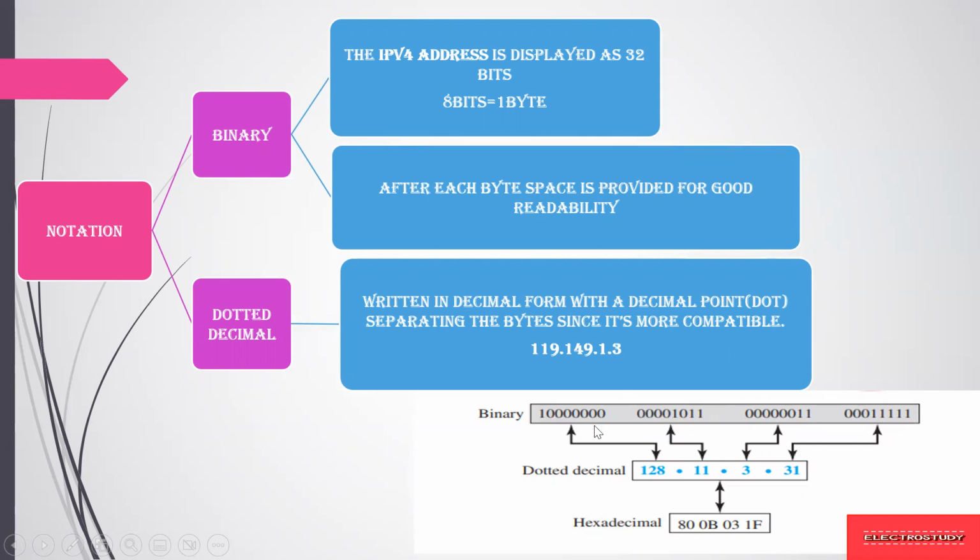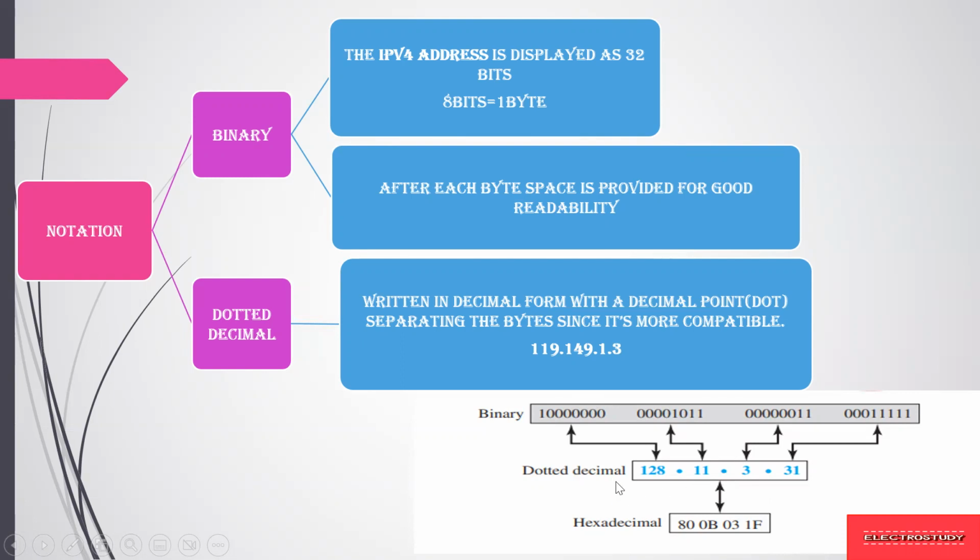In dotted notation, the address is written in decimal form. That is, if you calculate the decimal of this binary notation, it is 128. The space will be replaced here by a dot, which is why it is called dotted decimal. Each group of bits separated by a space takes its particular decimal value, and these decimal values are separated by dots.